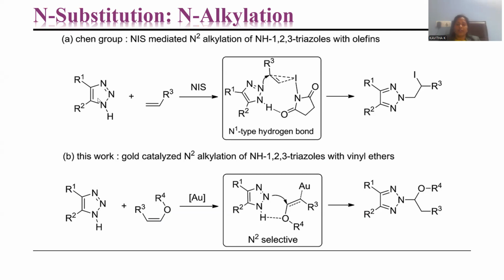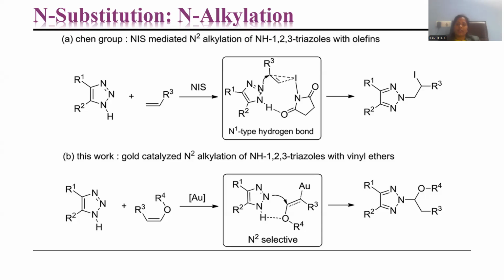The olefinic compound, whenever treated with this, what are we adding? NIS, N-iodosuccinimide, which is abbreviated as NIS. N-iodosuccinimide is working like a catalyst in order to facilitate the reaction, so that the pi electron cloud of this olefinic double bond is added to the iodine.